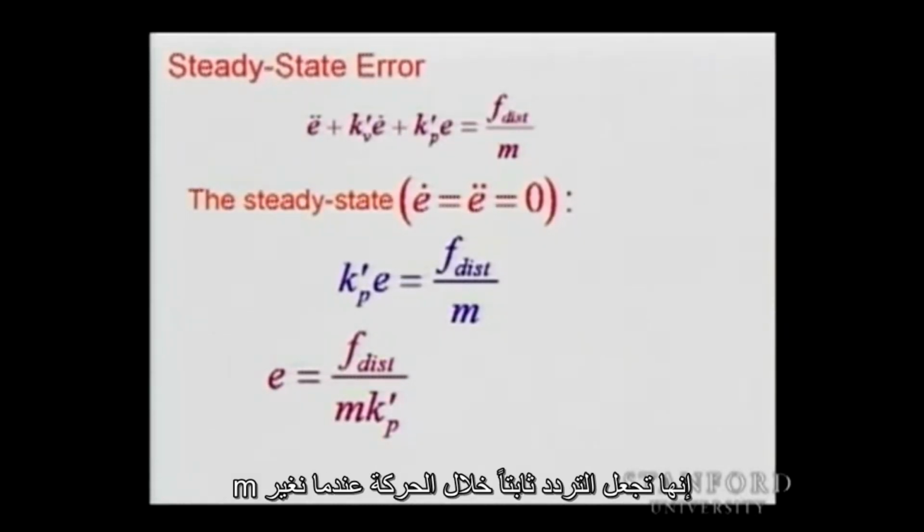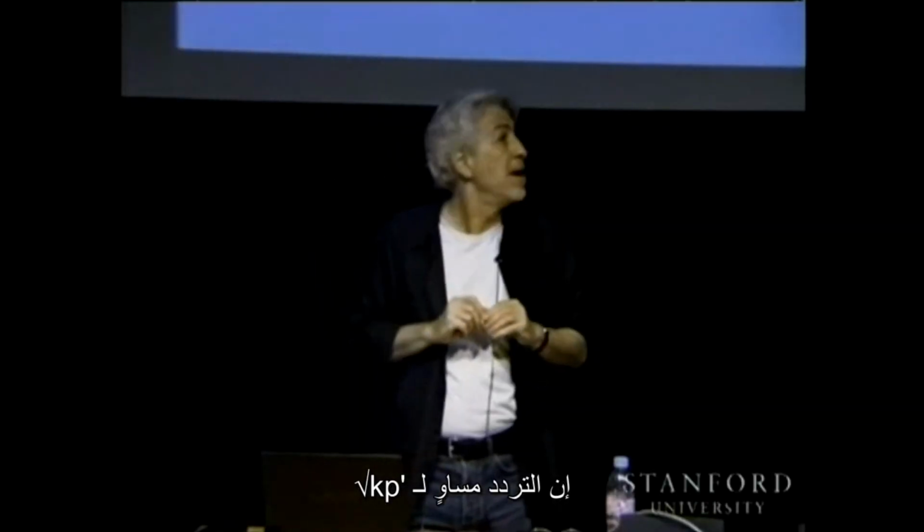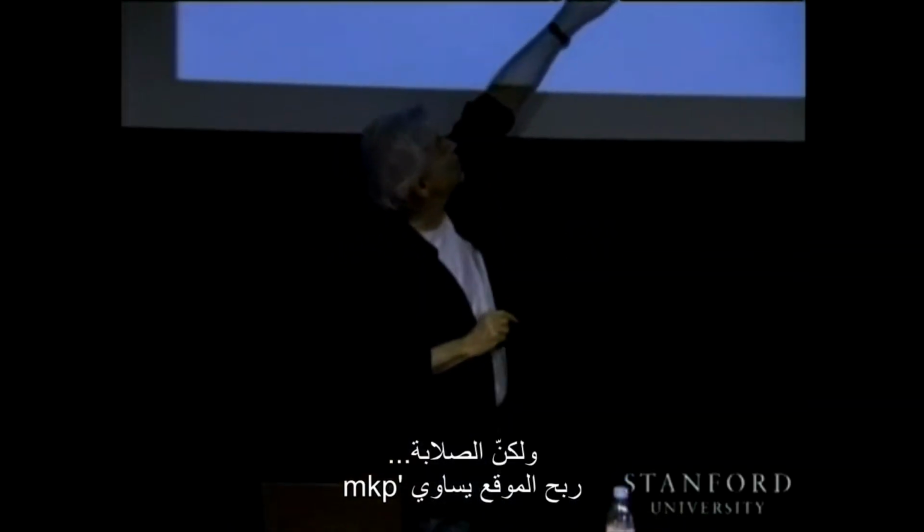It renders your frequency constant over all the motion. When we vary m, with Kp prime, your frequency is square root of Kp prime. However, your stiffness, your position gain, is m times Kp prime.